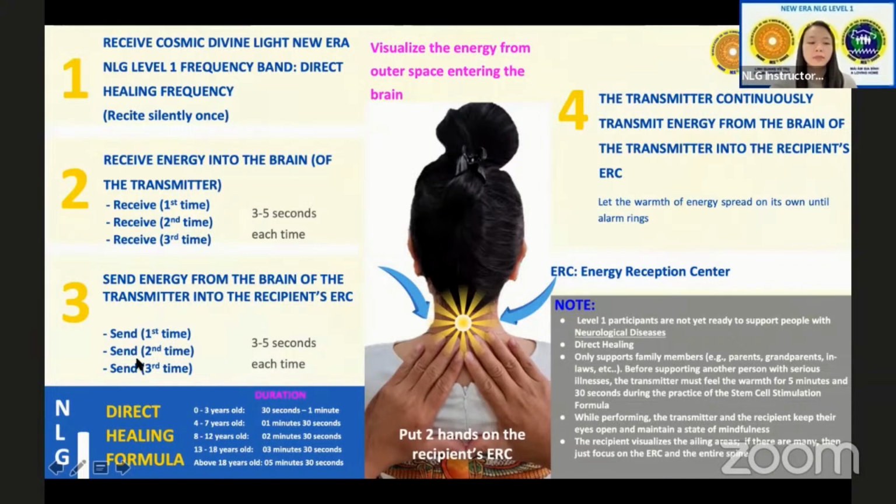Send first time, send second time, send third time. Okay. And then step 4, the transmitter continuously transmits energy from the brain of the transmitter into the recipient's ERC. Let the warmth of energy spread on its own until the alarm rings. Okay, so that's pretty straightforward.